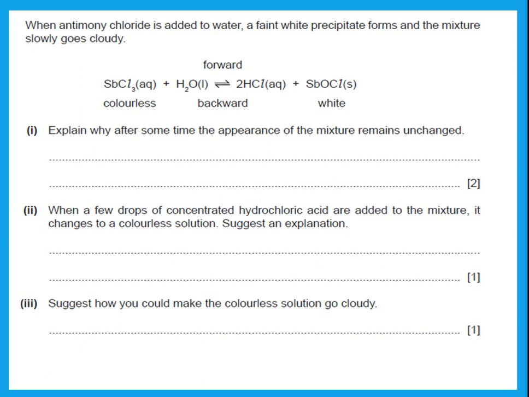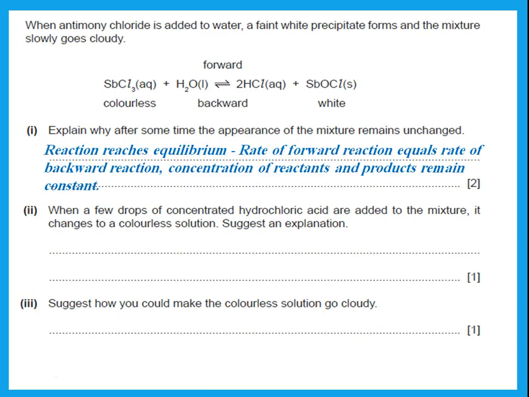The rate of forward reaction equals rate of backward reaction. So if the reaction mixture remains unchanged, this must mean that the reaction reaches equilibrium. Rate of forward reaction equals rate of backward reaction, and as such the concentration of reactants and products will remain constant, and that is why it will appear as if there is nothing happening.